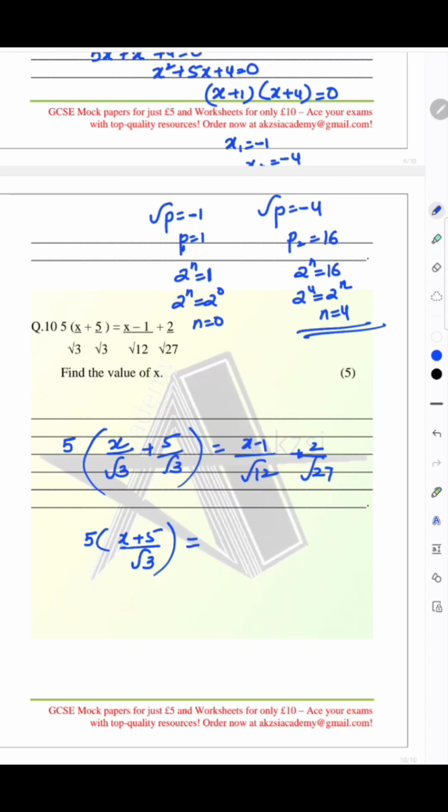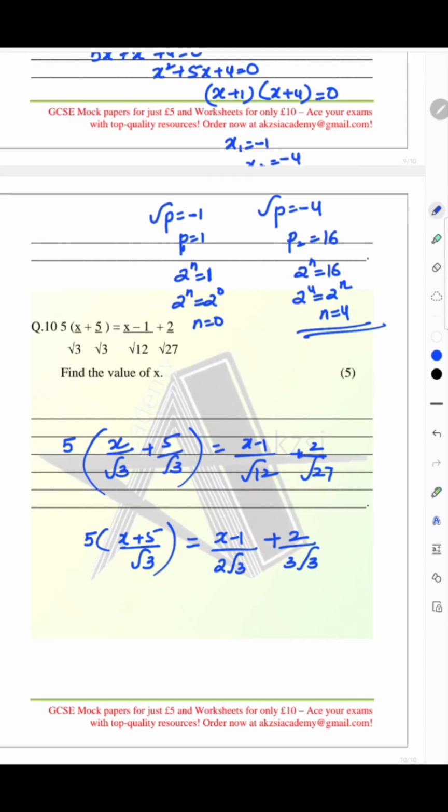Then I can see that because root 3 is on the left-hand side and on the right-hand side we have numbers that can be simplified, so just go and simplify them. So root 12 can be written, on simplification, as 2 root 3. And root 27 is 3 root 3 because 27 is 3 times 3 times 3.